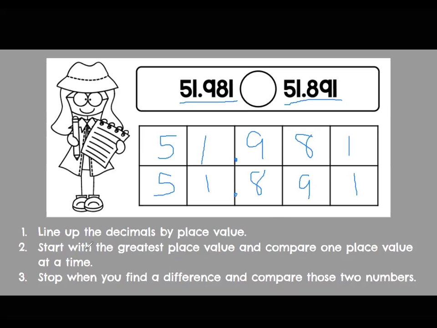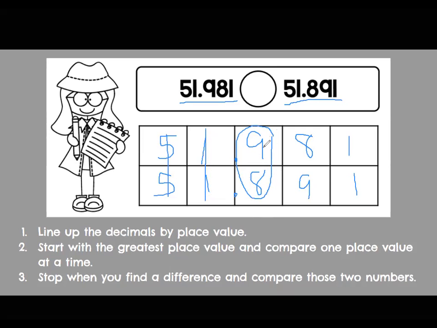All right, so step 2, start with the greatest place value and compare one place value at a time. So we're starting with our tens. They both have a 5, so we move to our ones. And yes, they both have a 1, so I'm going to cross through that. When we get to our tenths place, though, we see that there are two different numbers. So we're going to compare our 9 tenths and 8 tenths.